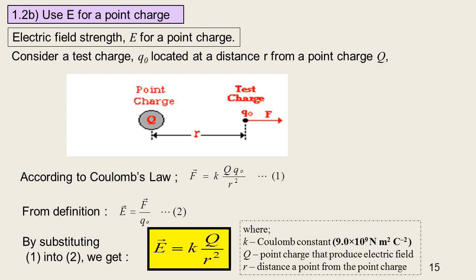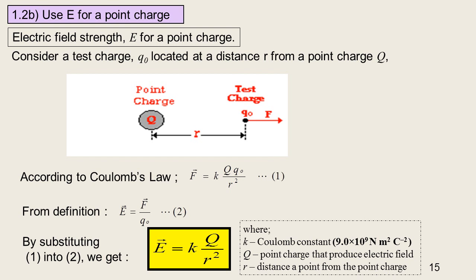So you put equation 1 into equation 2, then you get another E. So E is K Q over R squared, whereby K is Coulomb's constant, Q is the point charge, and R is the distance from the point charge. So this is another formula for the electric field strength E.